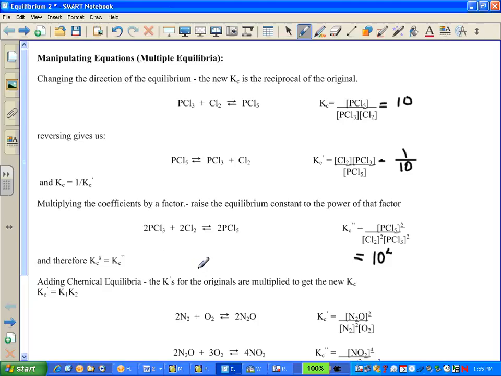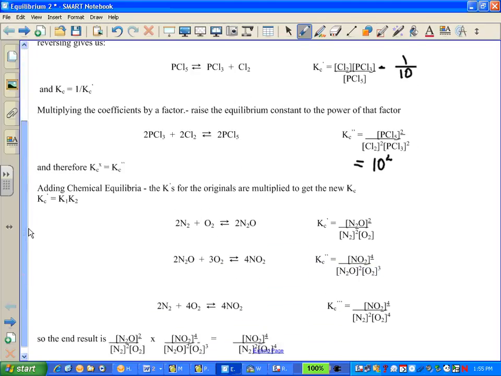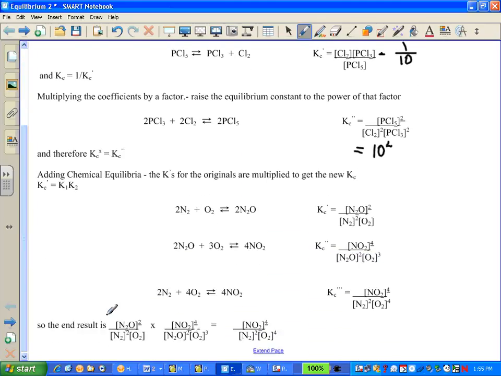A third kind of manipulation that we will work with is adding chemical equilibria. In this case, we're going to prove that if we add two equilibria, their equilibrium constants will simply multiply to get the new equilibrium constant.